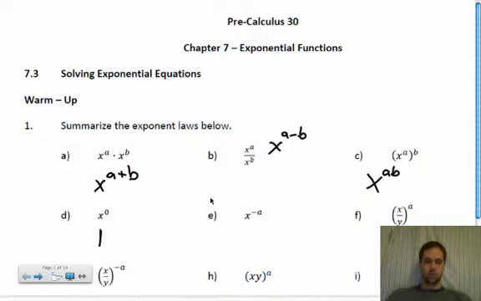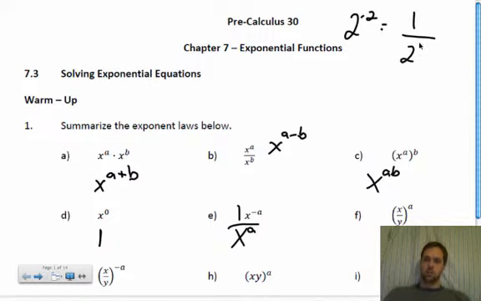Power of 0 gets 1. x to the minus a: when you have a negative exponent, it's the same as a positive exponent, but in the denominator. So 2 to the minus 2 can be rewritten as 1 over 2 to the 2. So just flip it to the bottom, make this positive.